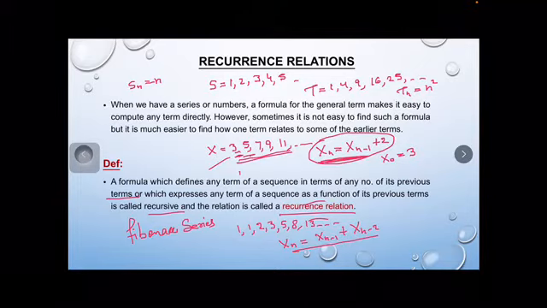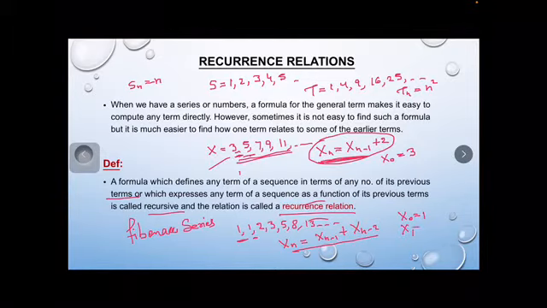Our initial terms here are x0 equal to 1, because our first term is 1, and the second term x1 equal to 1. If you have the two initial terms, then you can find the Fibonacci series with this. So this is the recurrence relation of the series.